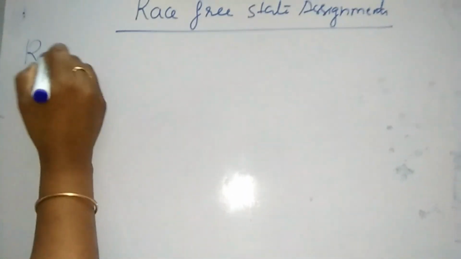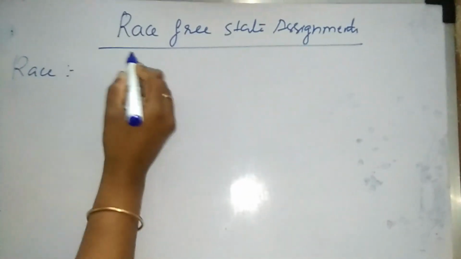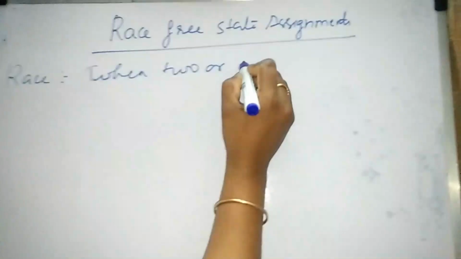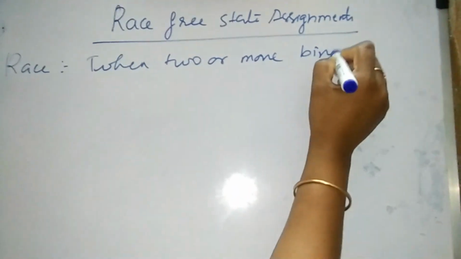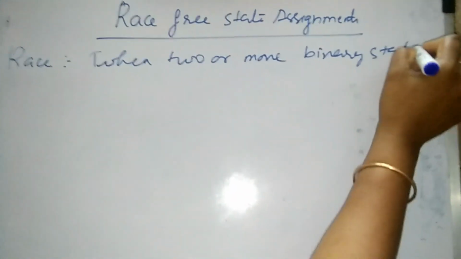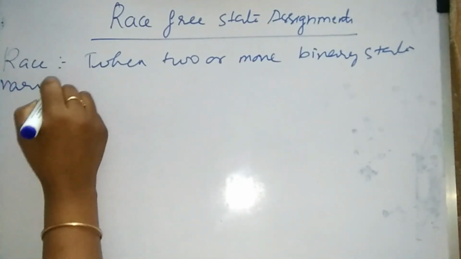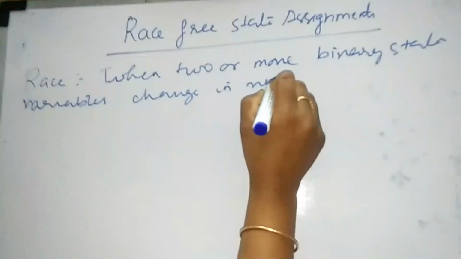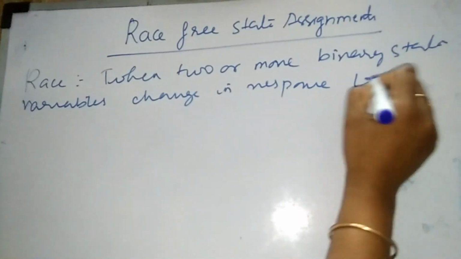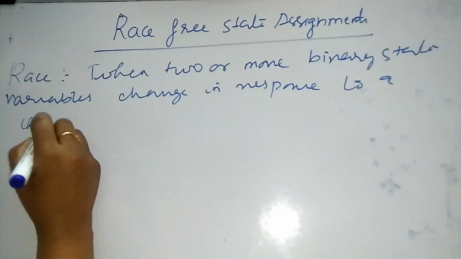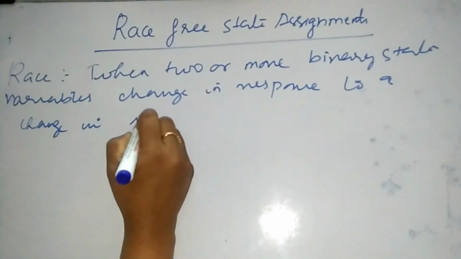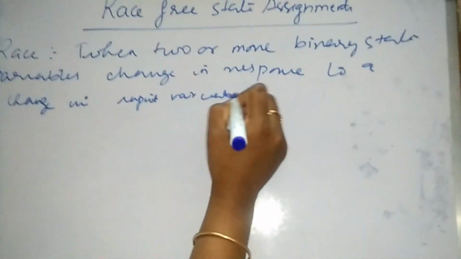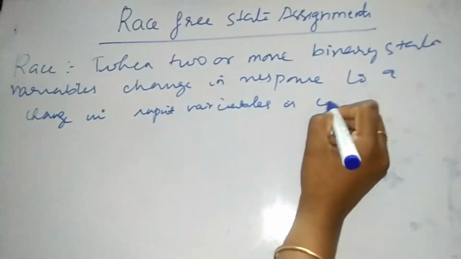Okay. So what is this? Let me write that for you all. When two or more binary state variables change in response to a change in input variables is what is called as race, right?